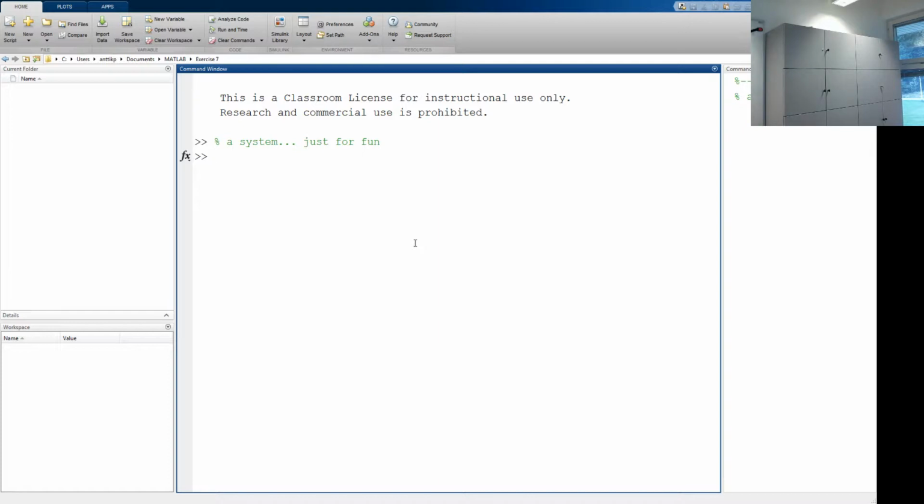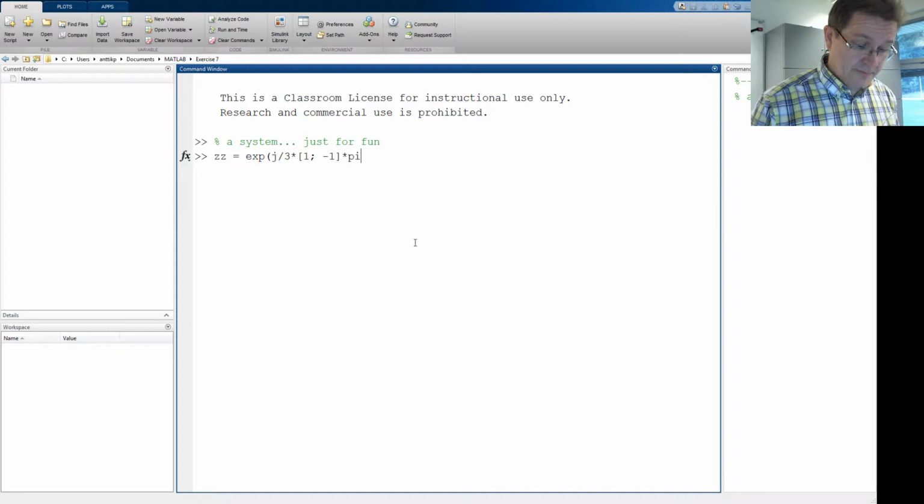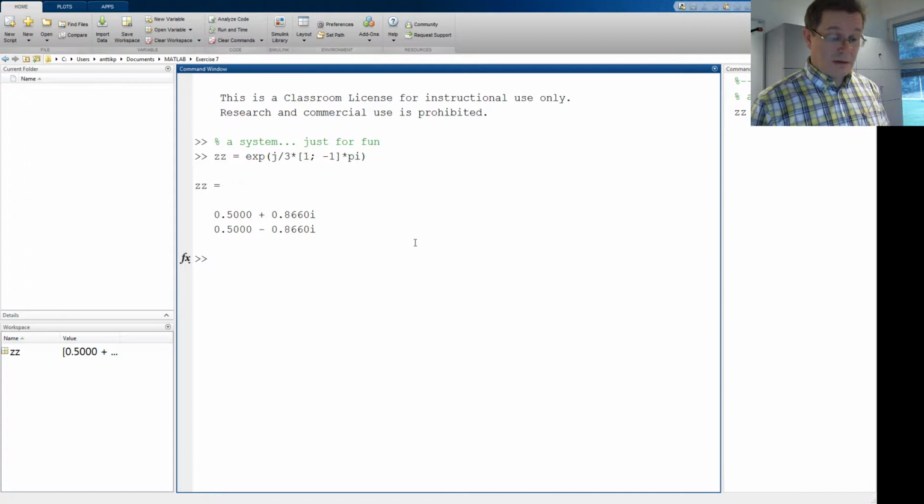So I will start with the zero pole plane and just zeros and poles, and so the zero locations, j divided by 3 times 1 minus 1, right, times pi. Right, let's see, just for fun. Did I get them even close?